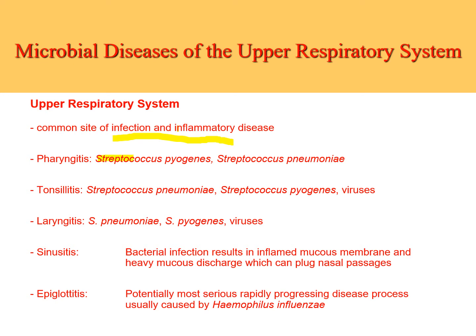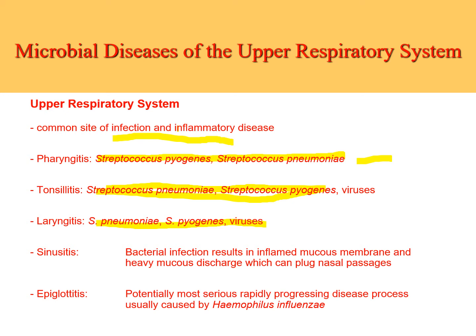Pharyngitis can be caused by Strep pyogenes and Strep pneumoniae, tonsillitis also, and some viruses. Should be viruses up here also. Laryngitis, again, Strep pneumoniae, Strep pyogenes, and viruses. Sinusitis, often it's a bacterial infection.